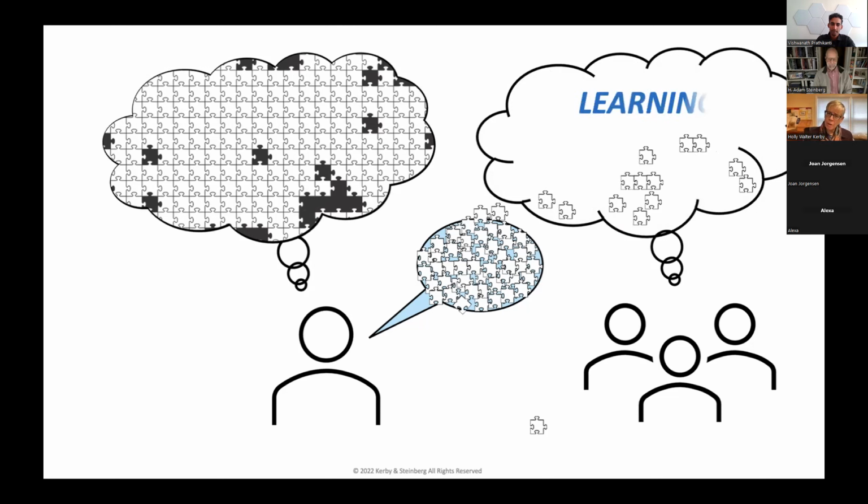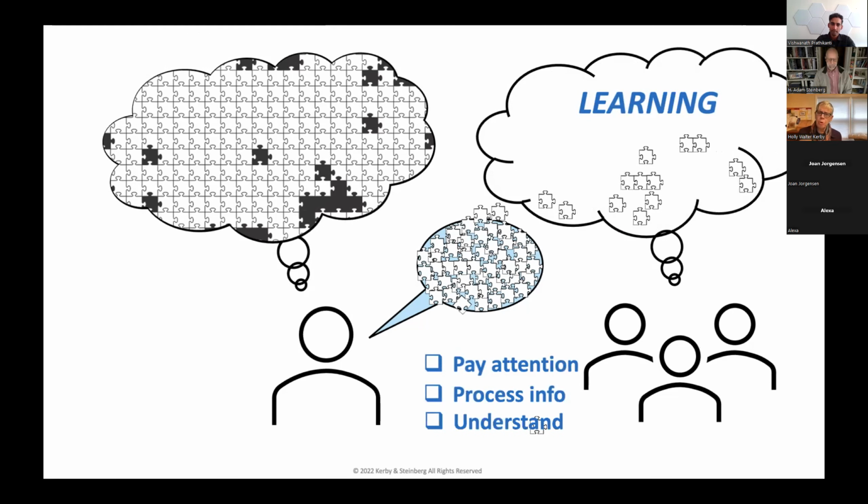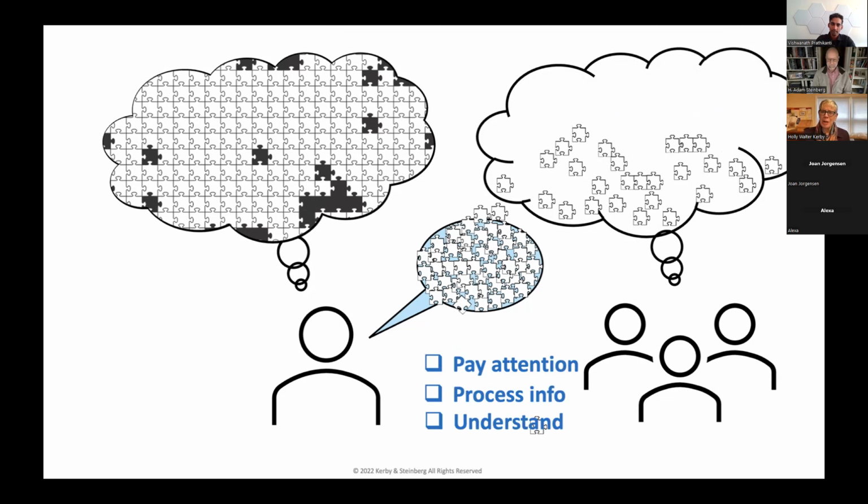It's called learning. And learning requires that the audience pay close attention, process all that information, and then put it together to come up with some full picture of understanding. And a smart audience can do that for a while. But at some point, the flow of information that's coming at them outpaces their ability to process it.